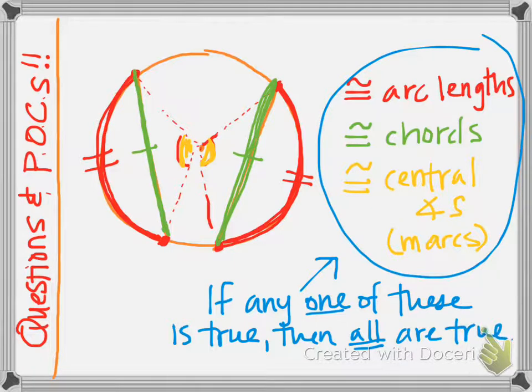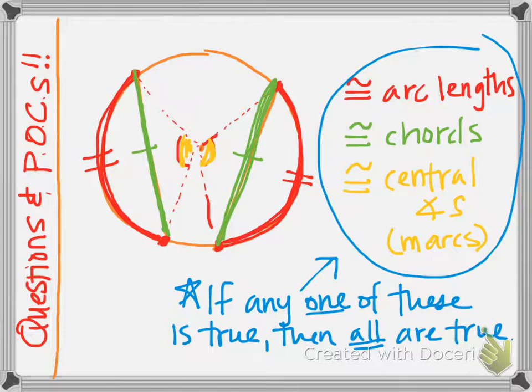Okay? So if you've got congruent arc lengths, that means you've got congruent chords and congruent central angles. If you've got congruent chords, then you have congruent central angles and congruent arc lengths. If you've got congruent central angles, then you also have congruent arc lengths and congruent chords. So this is super big to remember, and that'll help you when you're solving these problems.